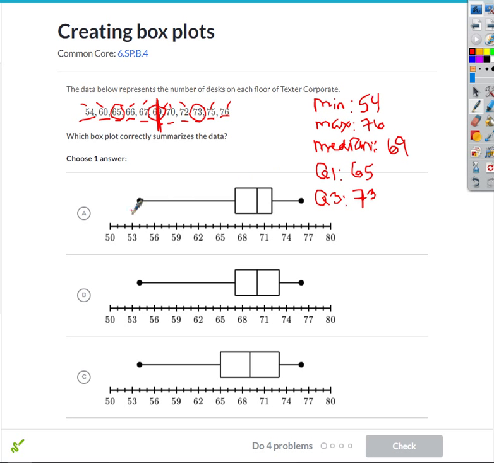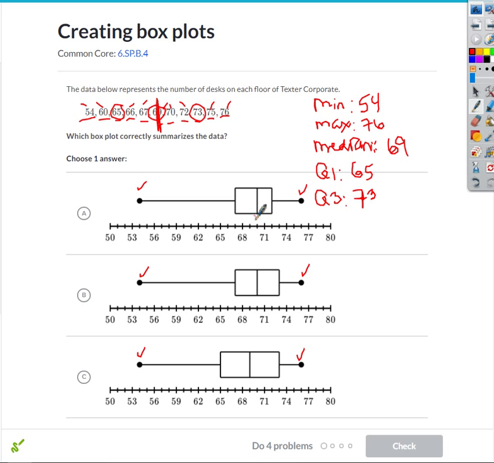So all of them have a minimum of 54. So yes, yes, yes. And then the next thing we actually come across is Q1. Well, let's look at the max first. So all of them, looks like they all have a max of 76. And then the median should be 69, so 68. So here's 68, 69, 70, 71.